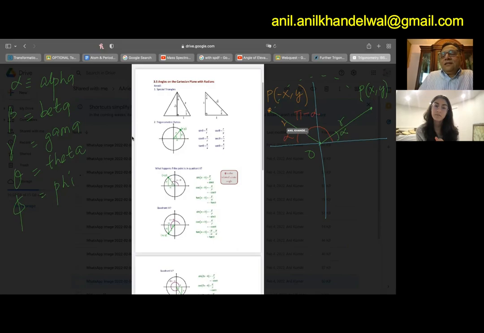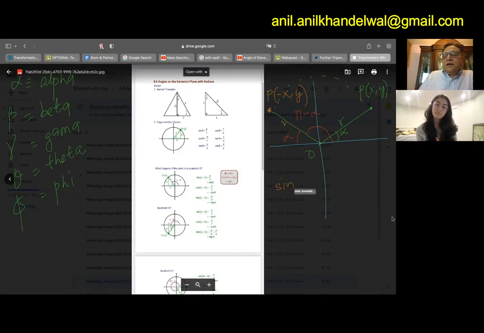So in this condition, what is sine of alpha equal to in relation to sine of pi minus alpha? They are the same, correct? Because for alpha in both relations, it is y over r. Pi minus alpha is just this angle, right?